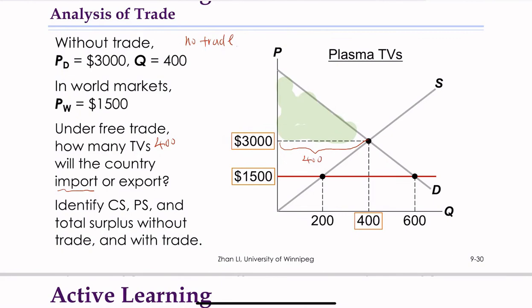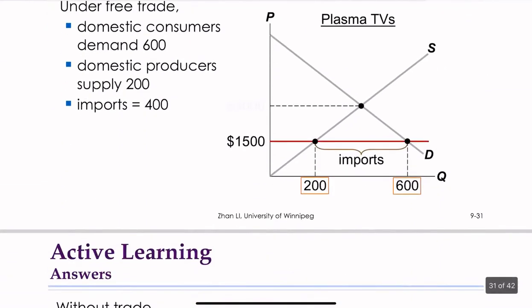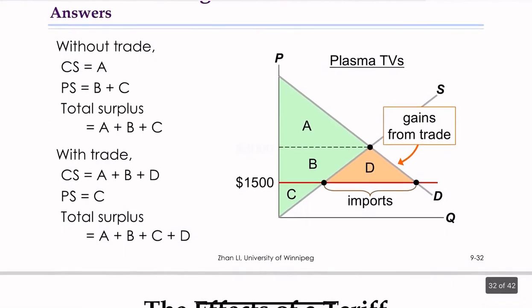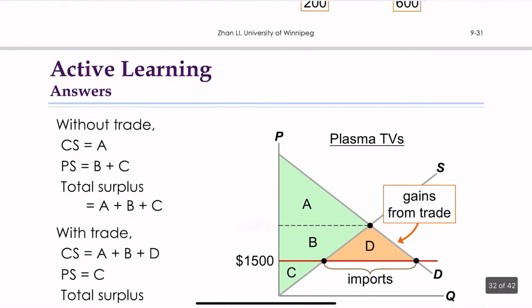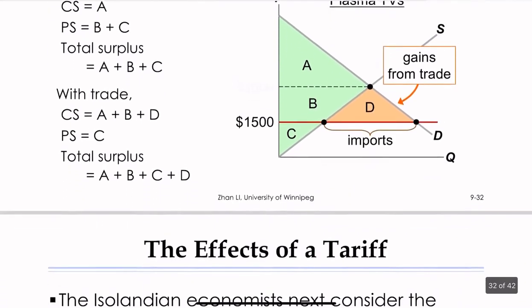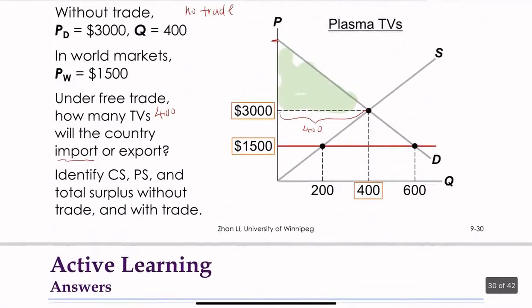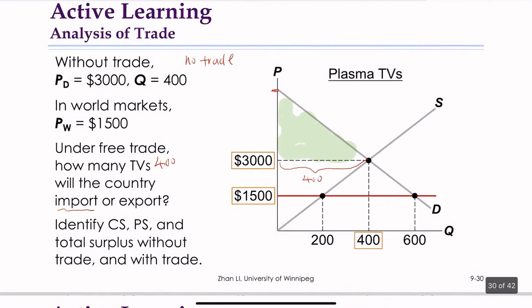Oh, we actually have a missing number. We don't know what this number is here. Oh, you're not required to actually calculate the consumer surplus. You just need to use these letters. So let's call this triangle A.